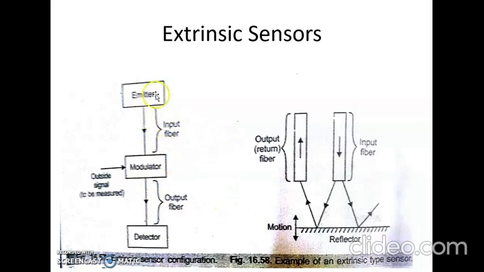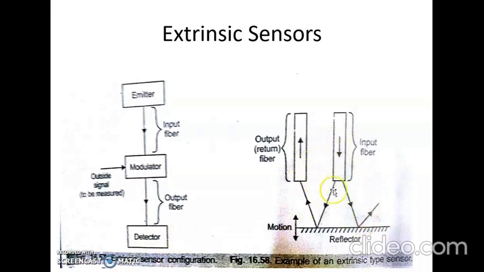As you can see, the emitter is the source of light, and these lines indicate the optical fibers. This is the input fiber and this is the output fiber. The modulator is an object, or you can say a reflector, which can change the intensity of light. The detector is the one which detects the intensity of light.